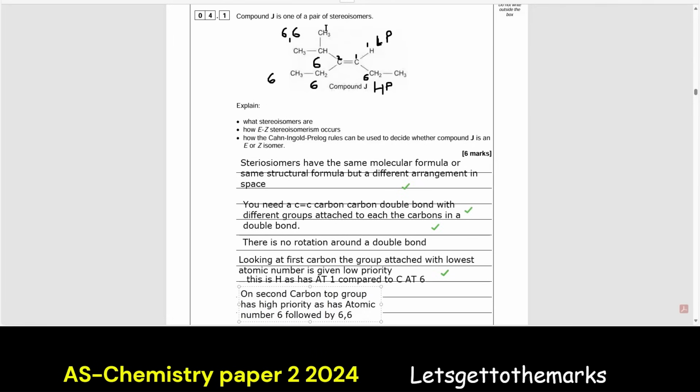It's really got 6, 6 and it's got 6, 1, 1, 1. So attached, that's 6, 1, 1, that's 6, 1. So this one is the higher priority and this one is the lower priority.